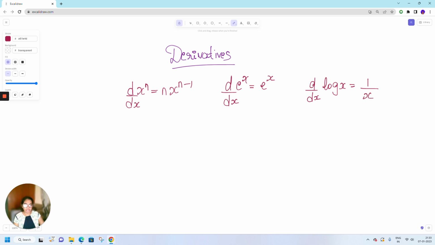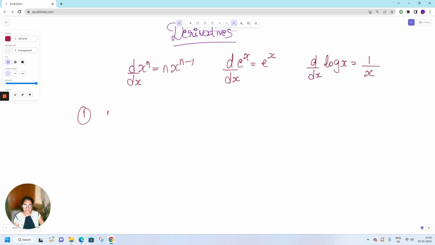Let me start solving a problem: find the derivative of y square. We know what the derivative of x square is. What is the first step? I'll write this as d by dx of y square. Since y is a function of x, I can also write this as y of x, square.